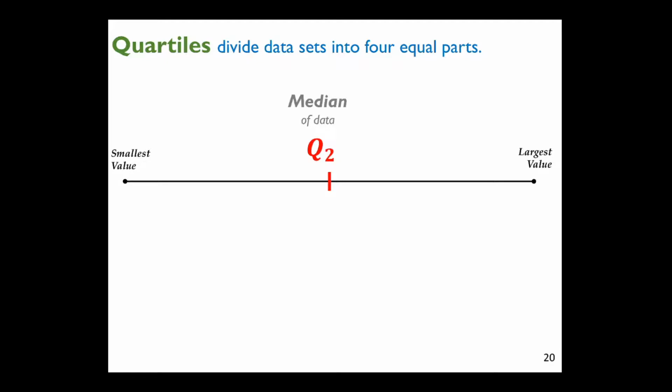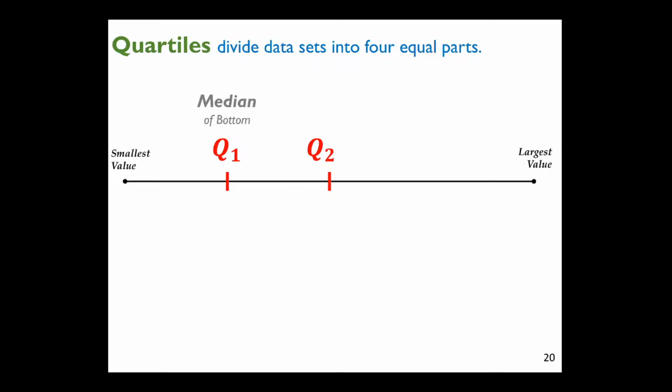So the median is your quartile 2. Once you figure out quartile 2, you split the data set into 2 equal parts. Then you find the median, the middle cut, of the bottom half, and that gives you quartile 1.